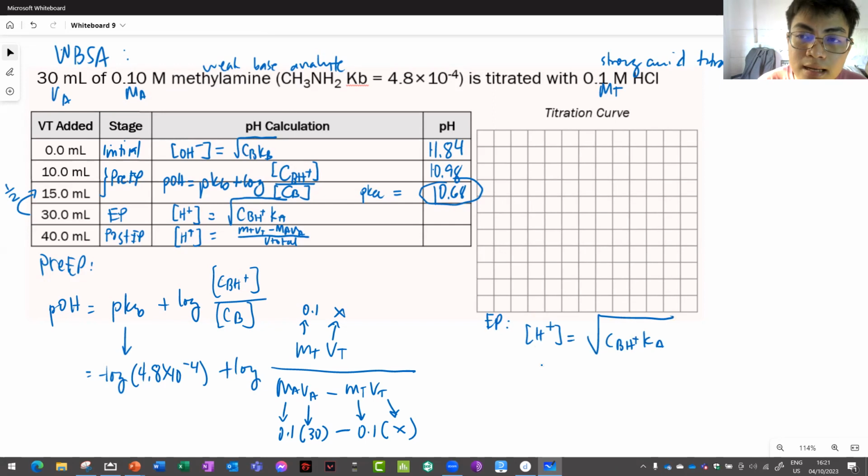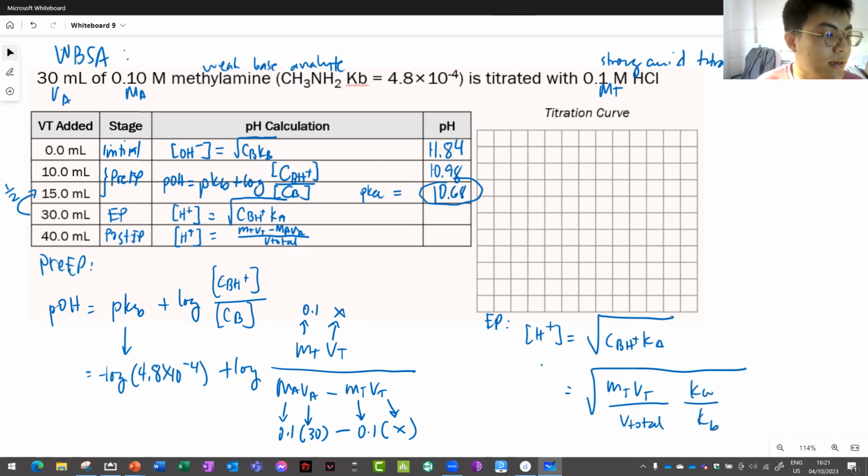So, saan galing yung conjugate acid? Sa titrant. But since this is equivalence point, pwede rin to sa amount of the analyte. Pero just to be consistent, I will use the titrant, MTBT, over V total. Then yung Ka, paano sinasolve? Kw over Kb lang yan.